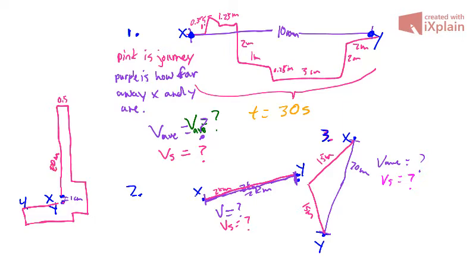Okay, 20 meters, 1 meter, 18 meters, 2 meters, 5 meters, 2.5 meters, 1 meter, 7 meters, 3 meters, and 5 meters.